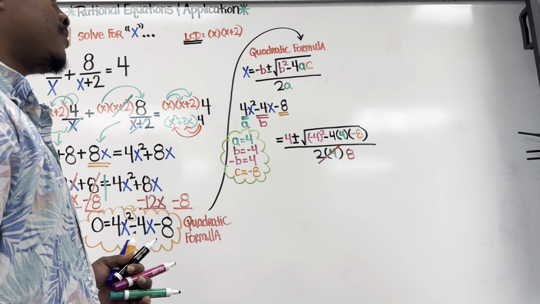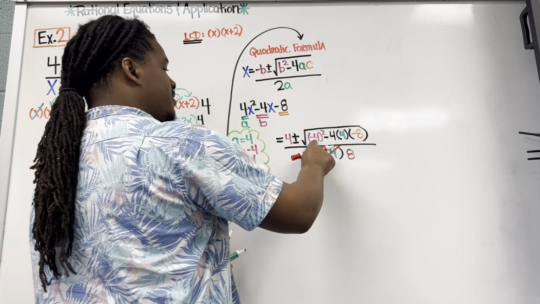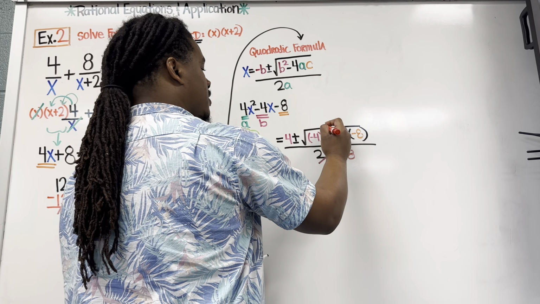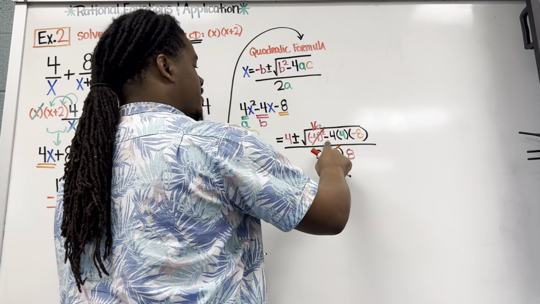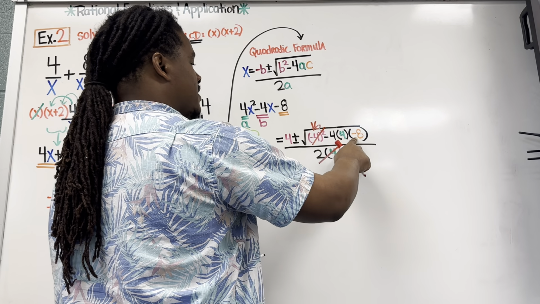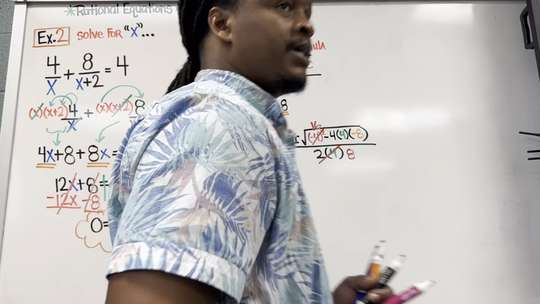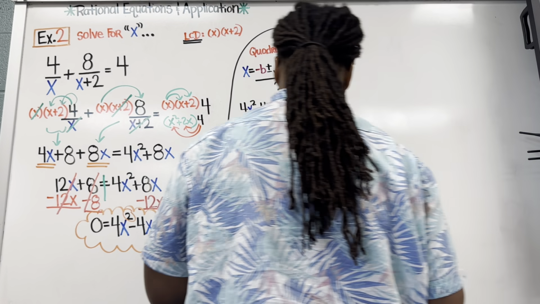So now, guys, let's just go ahead and solve this quickly, okay? Negative 4 squared equals a positive 16, okay? Negative 4 times a positive 4 is negative 16, and then negative 16 times a negative 8 is going to be, let me get my calculator. All right, negative 16 times negative 8 is a positive 128.